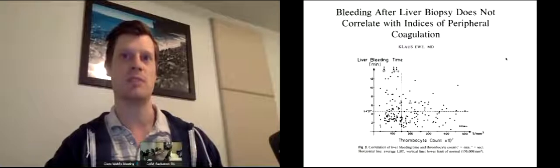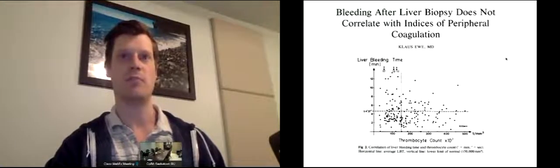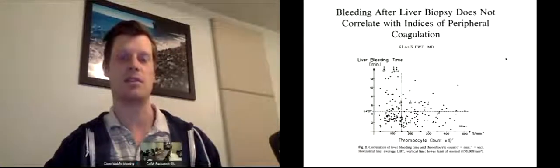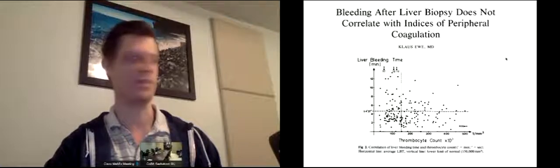These patients were generally representative of a sick hospital population and included several with prothrombin activity as low as 10% of normal and platelets as low as 30. Therefore, it may be concluded from this study that measures of peripheral coagulation status are unreliable guides for the evaluation of the risk of bleeding after liver biopsy and of limited value in determining the contraindications for this procedure.